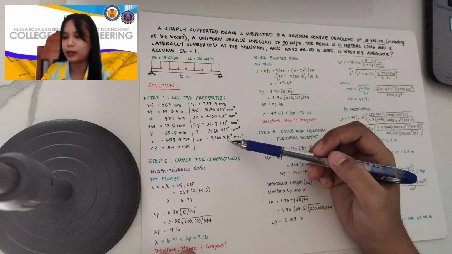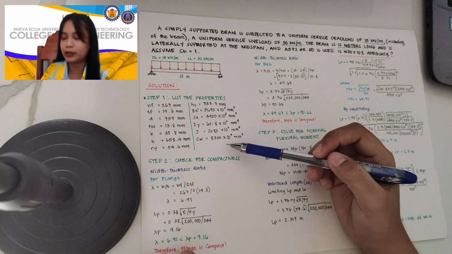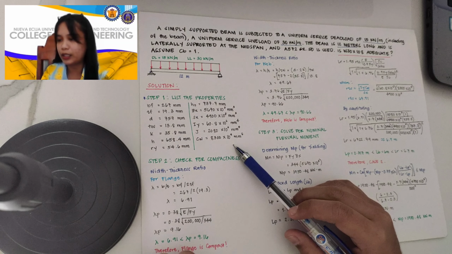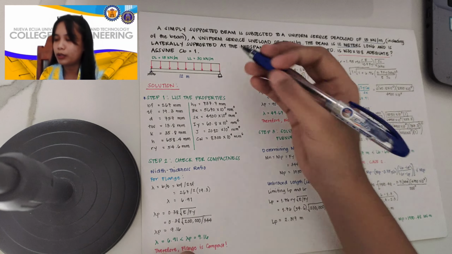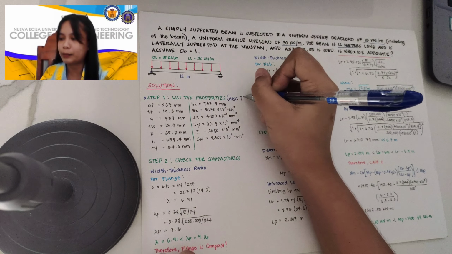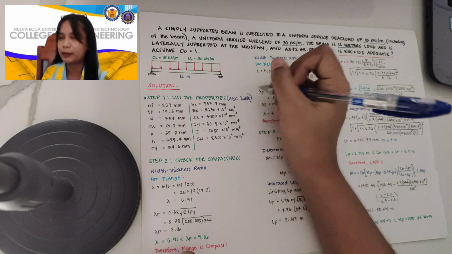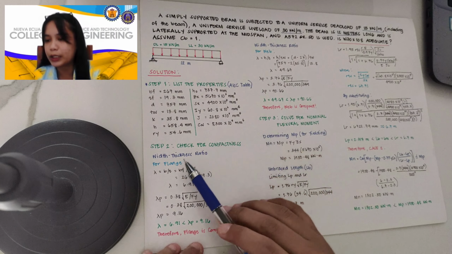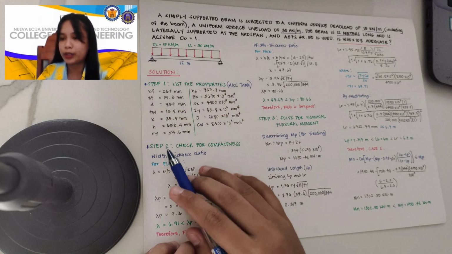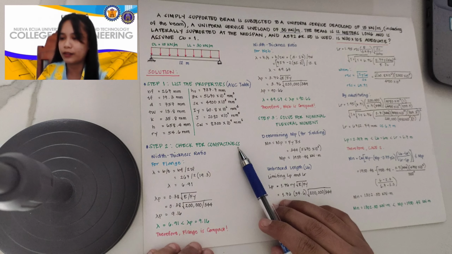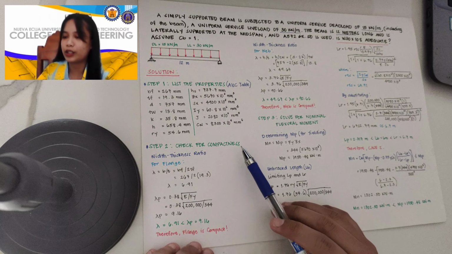Lilist muna natin yung mga needed properties for this problem. So these properties of steel are based on the AISC table. So after listing, pagkatapos natin ma-list lahat ng properties na kailangan para ma-solve natin itong problem na to, we may proceed to step number 2, which is checking the compactness of the steel section.